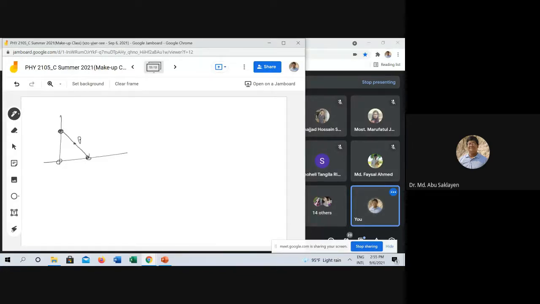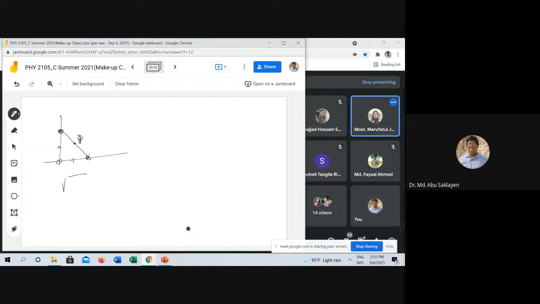This is P, right? Yes, sir. So this is 6 micron. This is also 6 micron. So what will be the hypotenuse? That means the distance between Q1 and Q3. Root 72, sir.